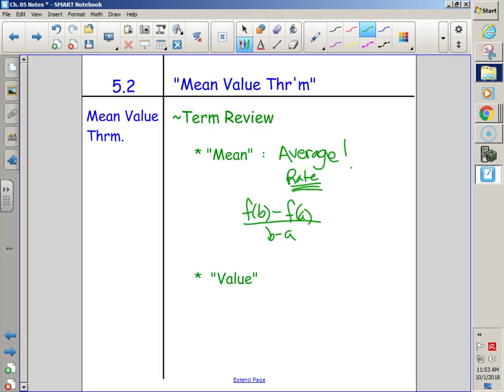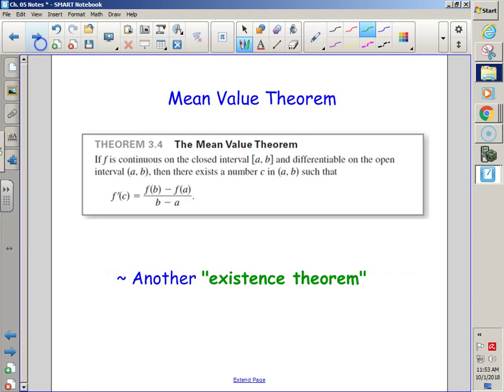Yeah, this could be seen as a slope between 2 points, slope of the secant line. That's true. Average rate. Maybe let's go look at the theorem and then make our way back.